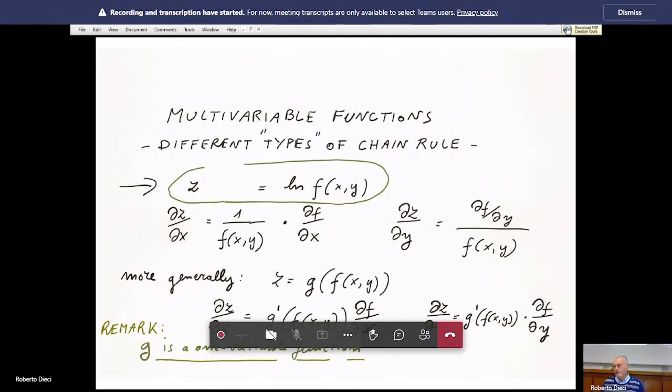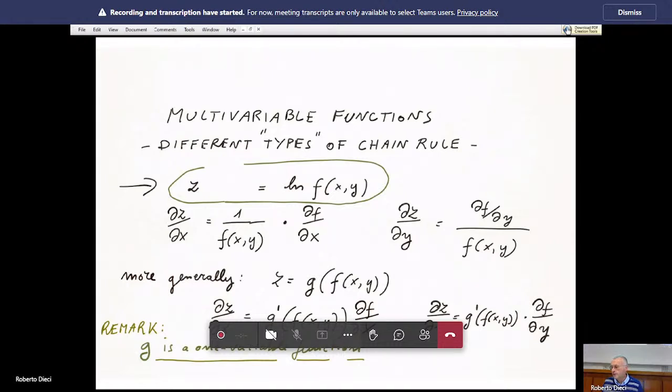So we may have, for instance, two economic aggregates, let's say capital and labor, or income, whatever. And the third quantity, which depends on these variables. If the independent variables vary themselves over time, also the dependent variable will vary over time.